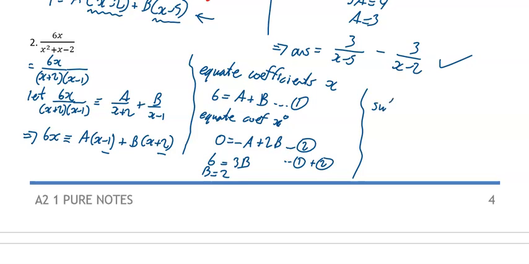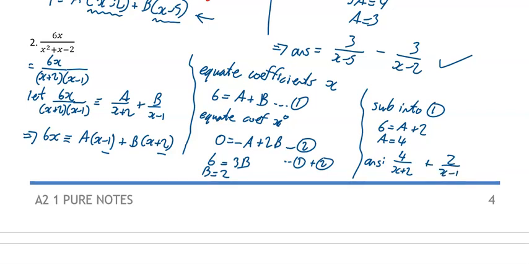So you sub that into equation 1, and we're going to have 6 is equal to a plus 2. That means your a is equal to 4. So your answer in this case, running out of space here, apologies, is 4 over x plus 2, the a was over x plus 2, and then my b was 2, so plus 2 over x minus 1.